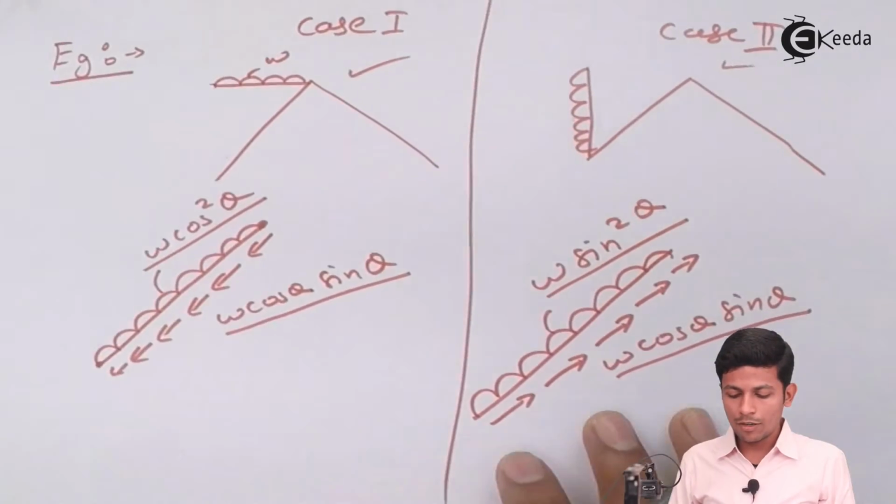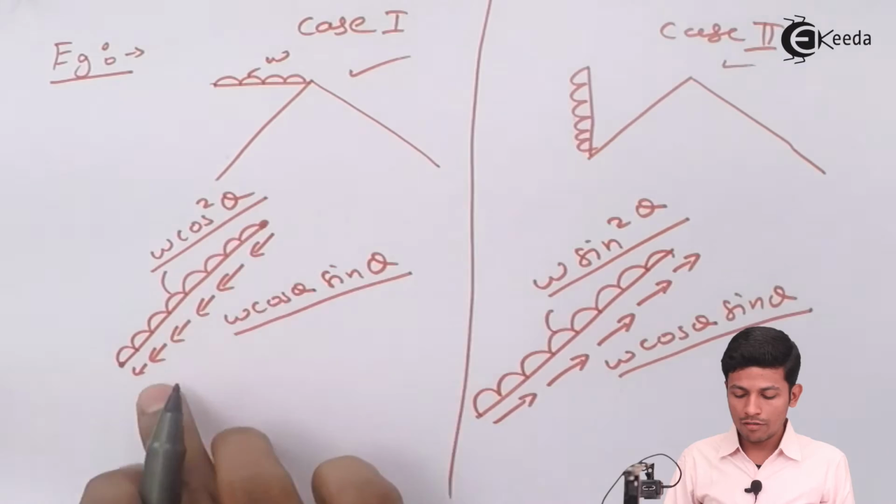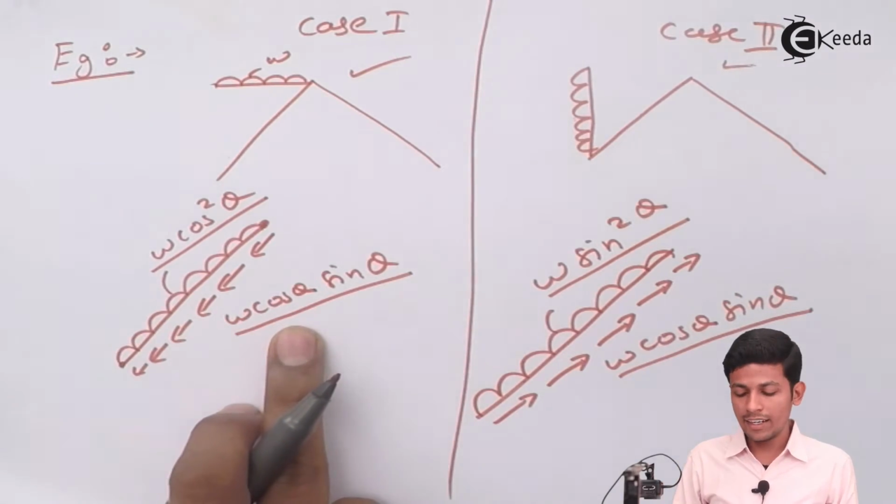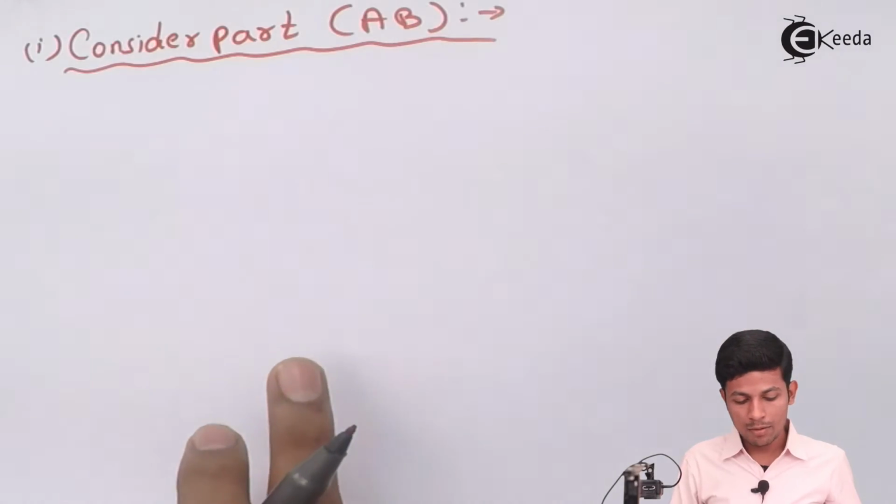Now we are solving this. Our question is of the first case, so we have to resolve the load like this: w cos square theta, w cos theta sin theta. Please remember these things.